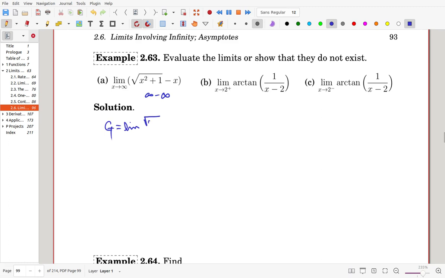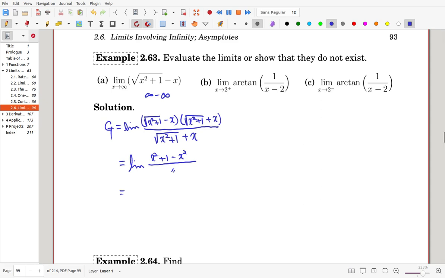The expression is the square root of x squared plus 1 minus x; its conjugate is the square root of x squared plus 1 plus x, and on the bottom we put the square root of x squared plus 1 plus x. With the a minus b, a plus b shape, we get a squared minus b squared, which is x squared plus 1 minus x squared, divided by the same denominator.